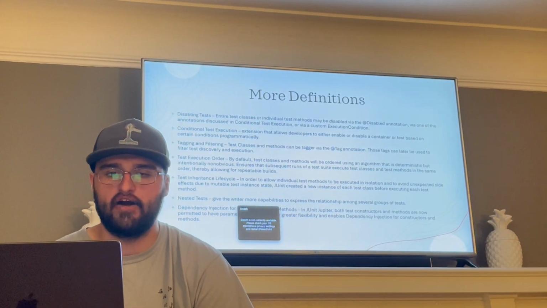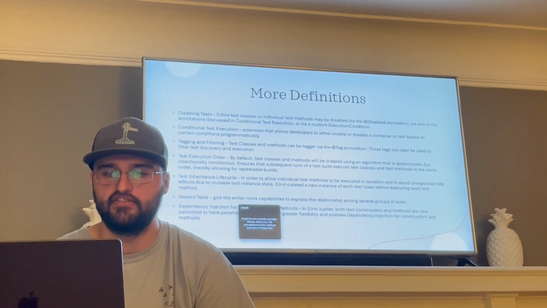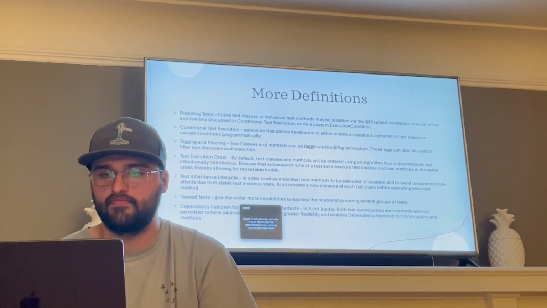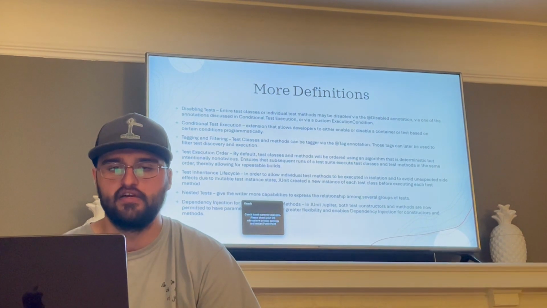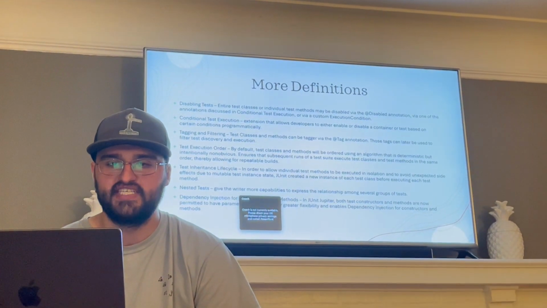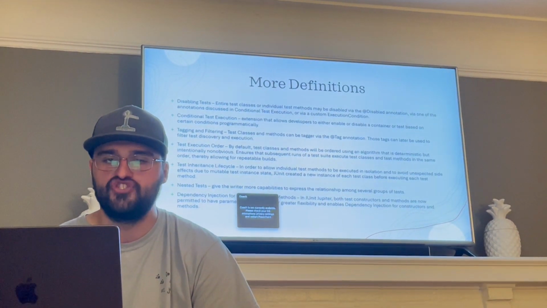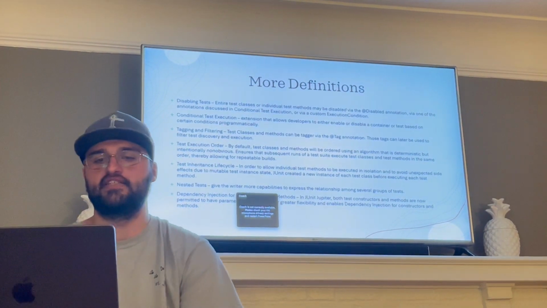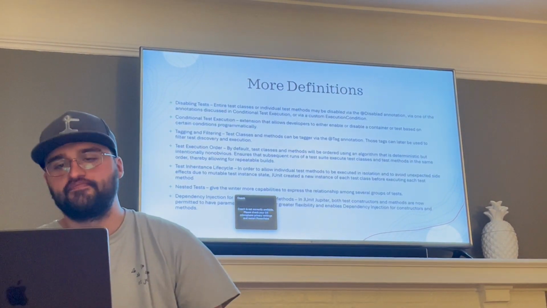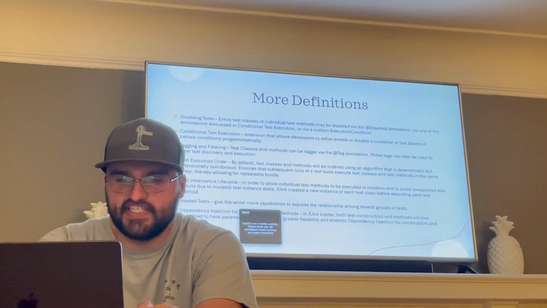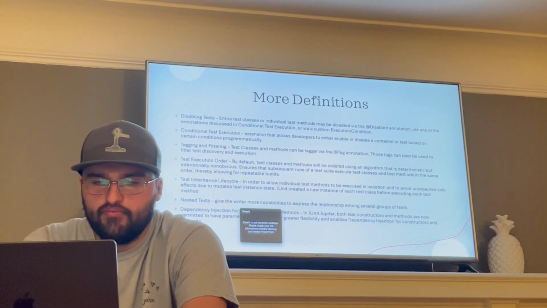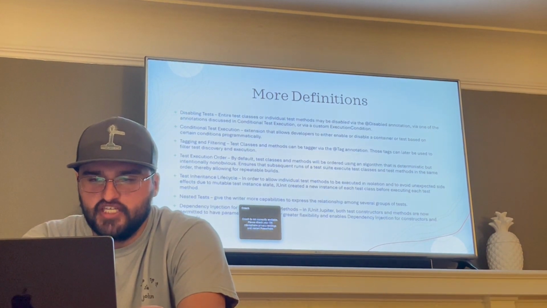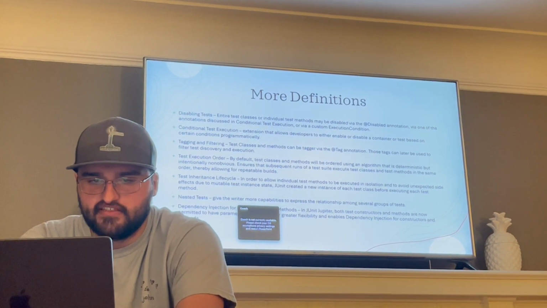In order to allow individual test methods to be executed in isolation and to avoid unexpected side effects due to mutable test instance state, JUnit creates a new instance of each test class before executing each test method. Nested tests give the writer more capabilities to express the relationship among several groups of tests.